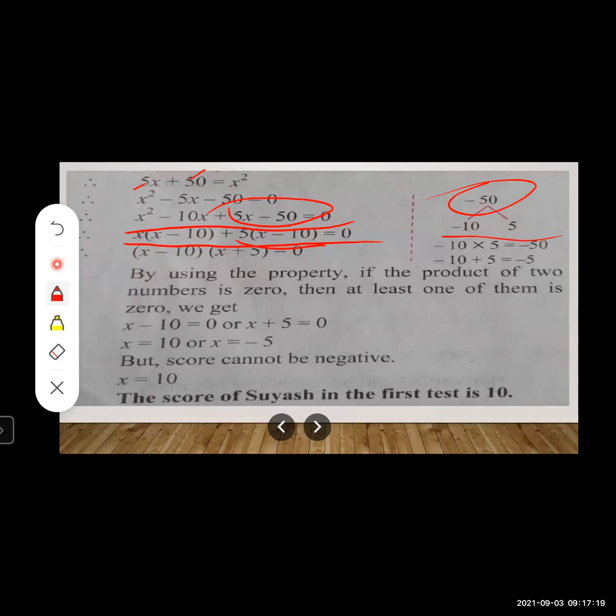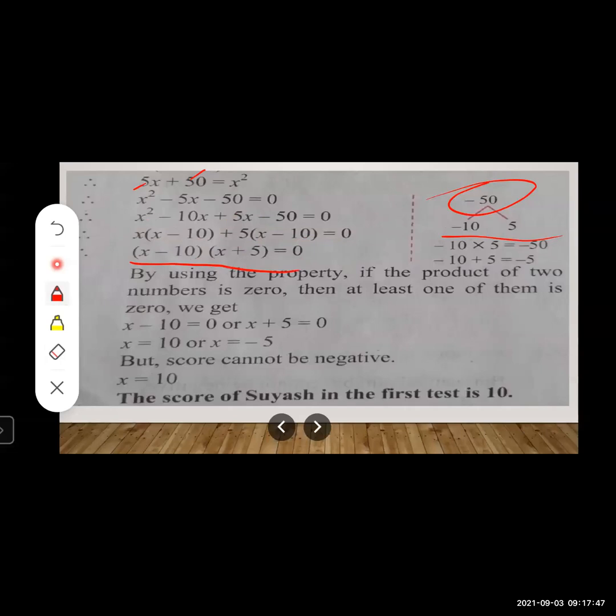So 5 into x minus 10 is equal to 0. Now, if you see, x minus 10 is common, so again I take out x minus 10 as common. What is remaining? x plus 5. So we get x minus 10 into x plus 5 is equal to 0.